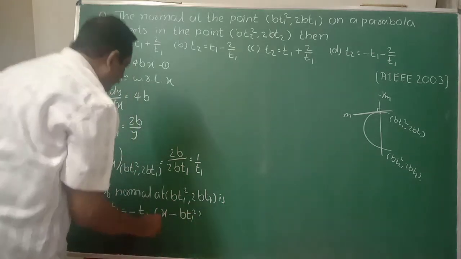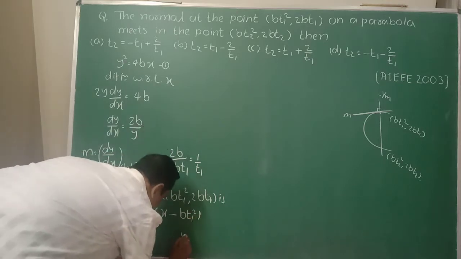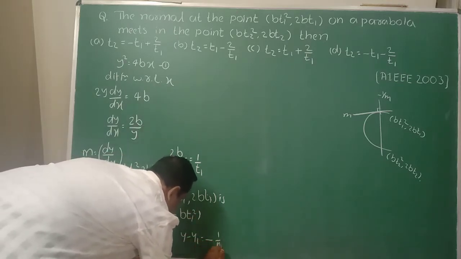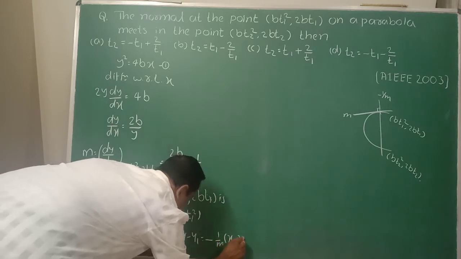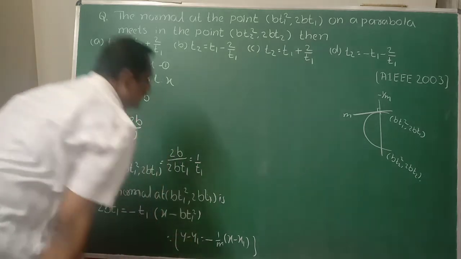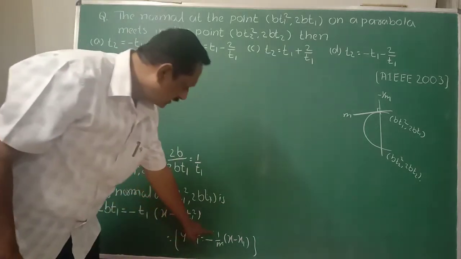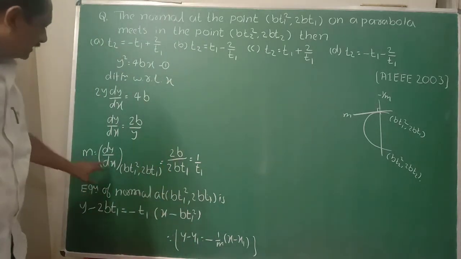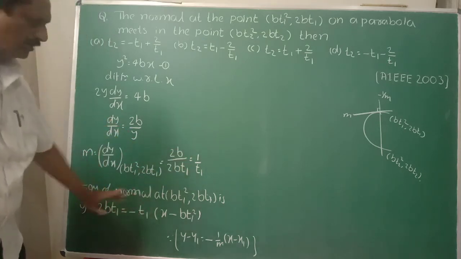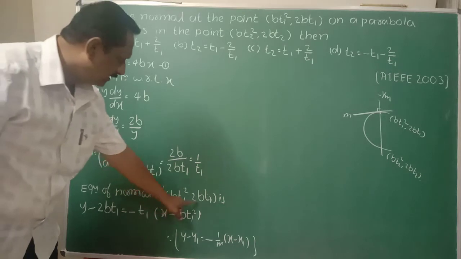You are using the formula y minus y1 is equal to minus 1 upon m into bracket x minus x1. This is the formula for the equation of the normal. Since m is 1 upon t1, take its reciprocal and multiply by minus, giving minus t1.